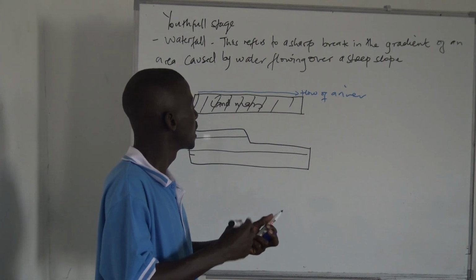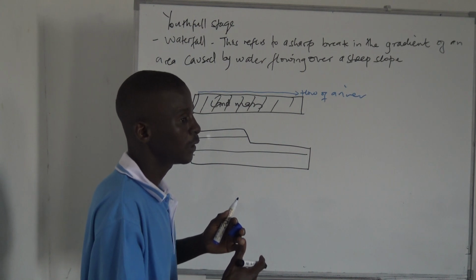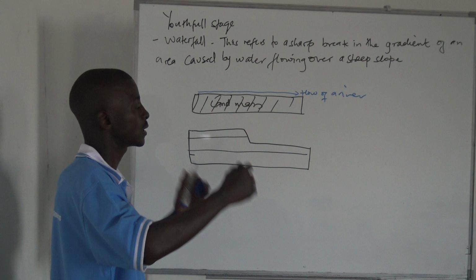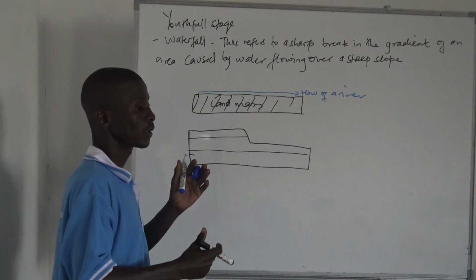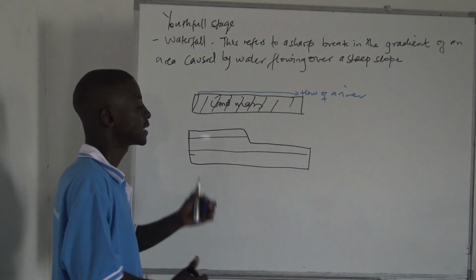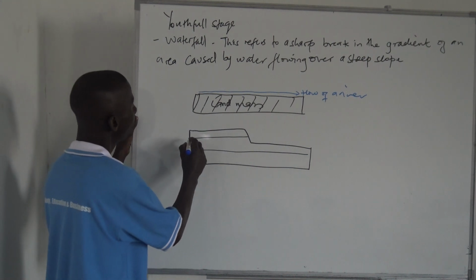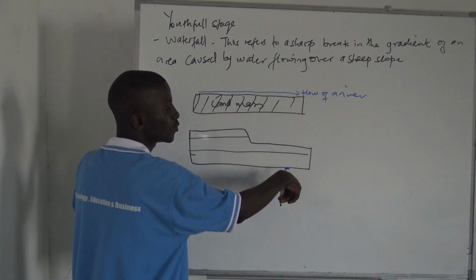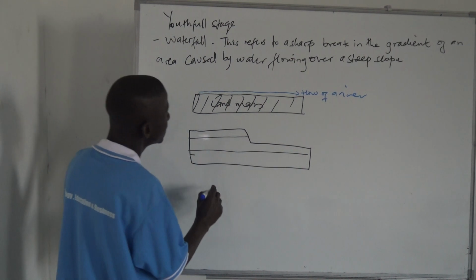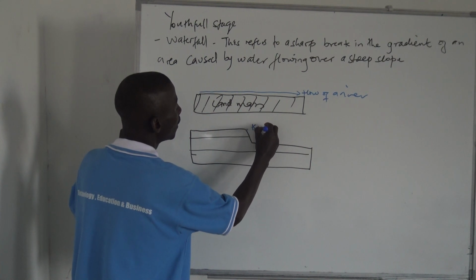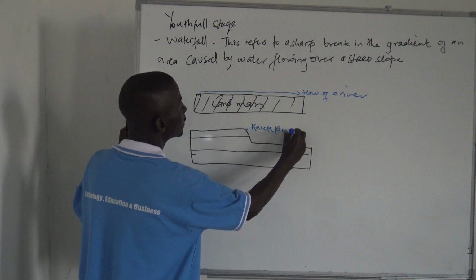There could be what we call normal fault lines causing the blocks, the plates of the earth crust, to slide on one another, such that one is forced to sink downwards, forming a point we call a nick point.